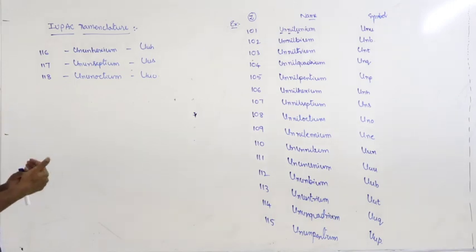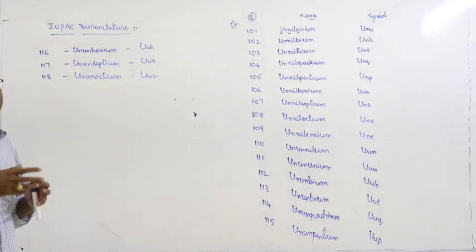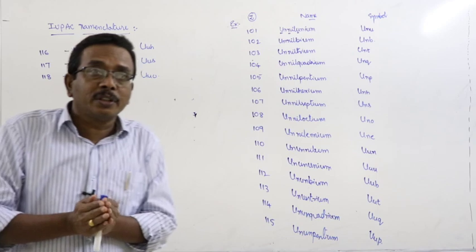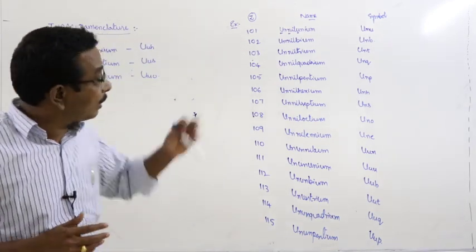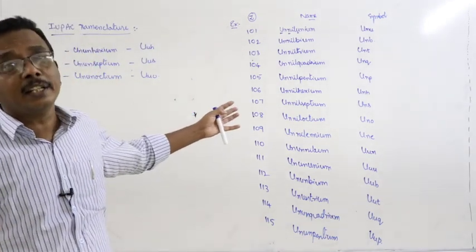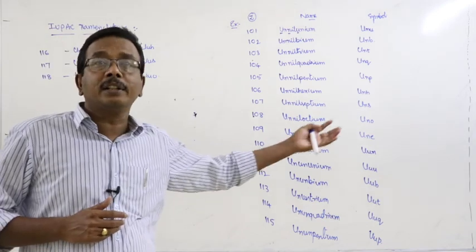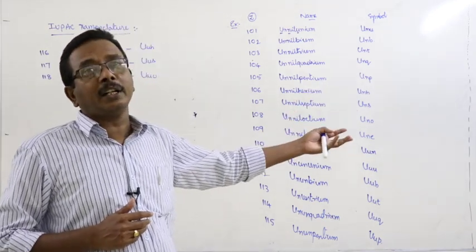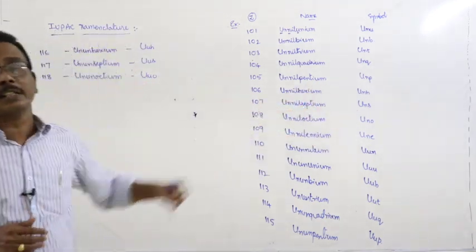But unfortunately, all the elements are represented with different names in different countries. In the United States, they are represented in one way, and in Soviet Russia, that means Russia, they are represented in another way.